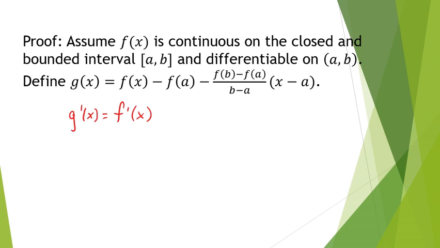Minus f of a. This is just a constant, so when I differentiate it, that's going to give me 0. This right here is just some constant, so I have some constant times the quantity x minus a. I could multiply that constant in, and then when I differentiate, I'm just going to be left with this constant here.